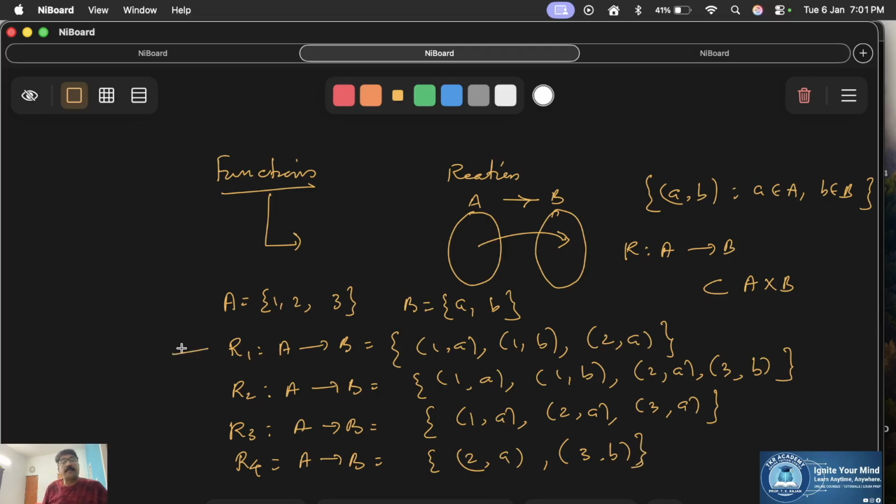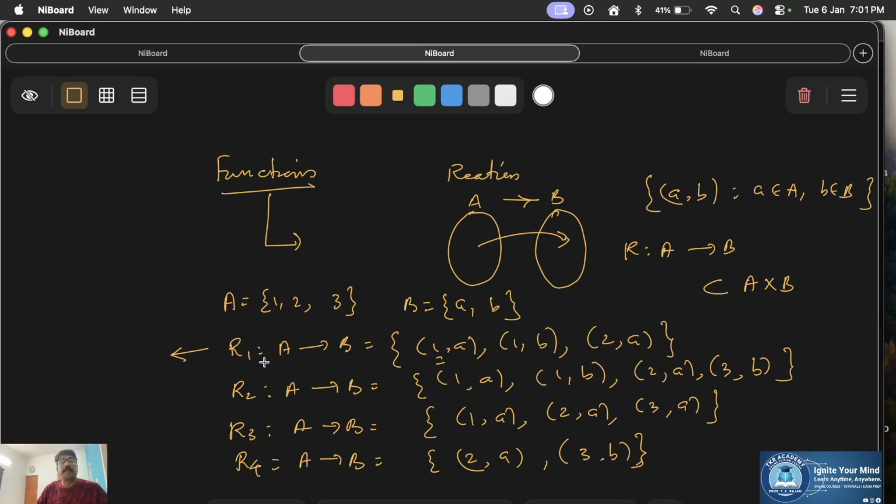Now, is R1 a function? A function is a relation from A to B such that every element of A uniquely comes in one of the pairs of the relation. Say A consists of the elements 1, 2, 3. Every element of A must have an image in B. That means when we write it in tabular form, every element of A must come in the first position of the pairs of the relation.